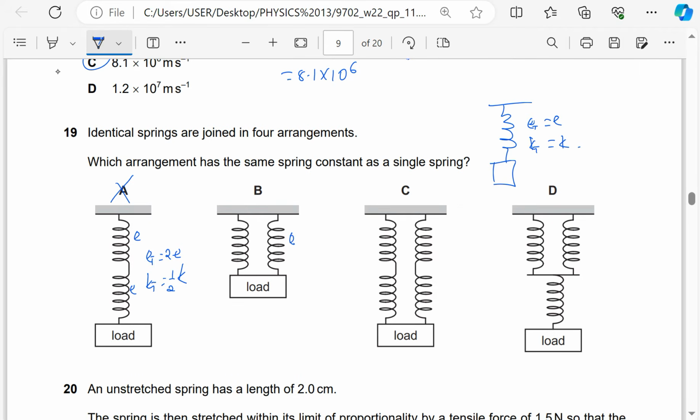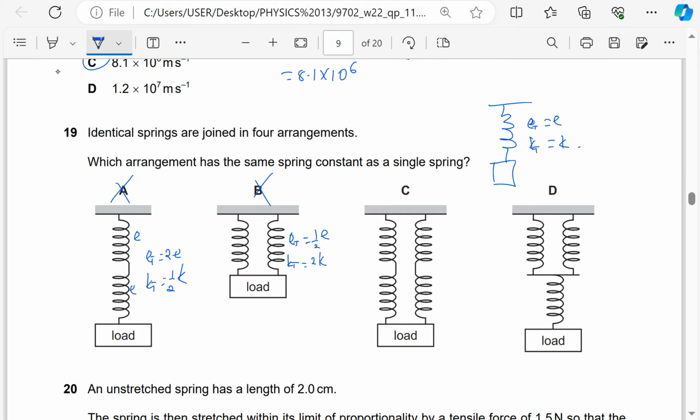So here, total extension is going to be a half of just one. It's like they share the load, so they extend less. If you use it alone, it extends by E. When you use them together too, the extension reduces by a half. Which means total constant here is going to be the reciprocal of the coefficient, which becomes 2 over 1 times K. So this is also out.